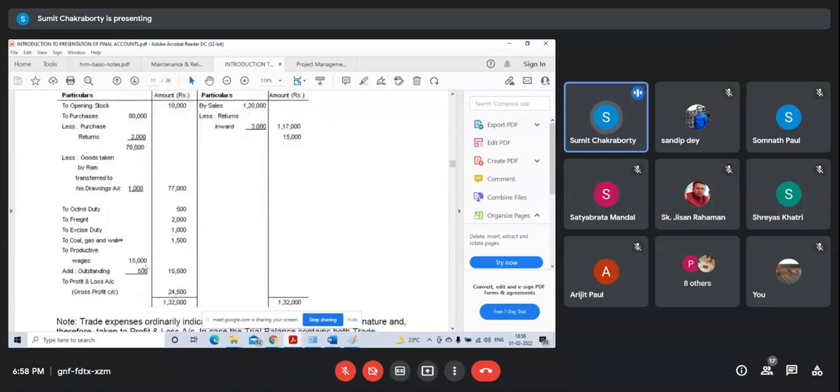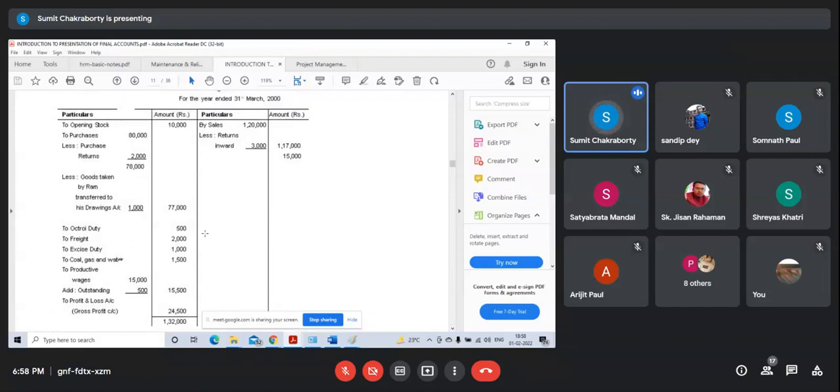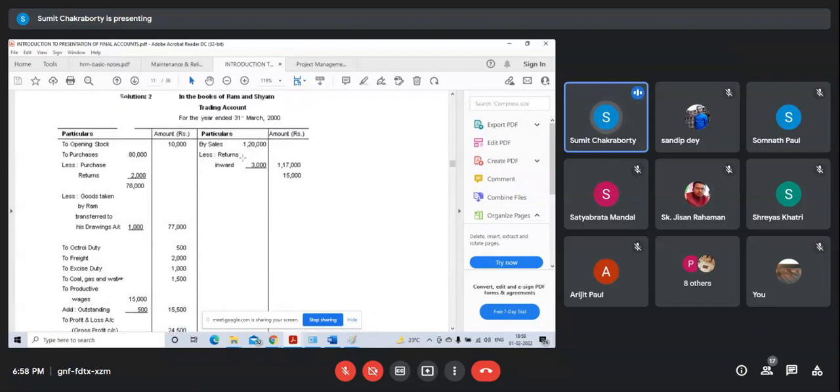To octroi, to freight, to excise duty, to coal, to productive wages, to add outstanding wages, so 15,500. Sales 1,20,000, and sales returns inward 3,000.